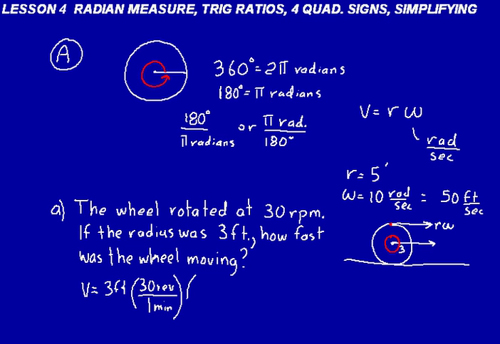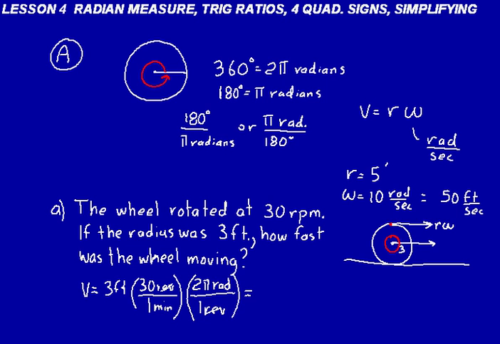So there are 2 pi radians in 1 revolution. So there's another conversion factor. We didn't really talk about that before, but since there's 360 degrees in a revolution, there's 2 pi radians in a revolution as well. So the revolutions cancel, and we don't concern ourselves with the radians units.